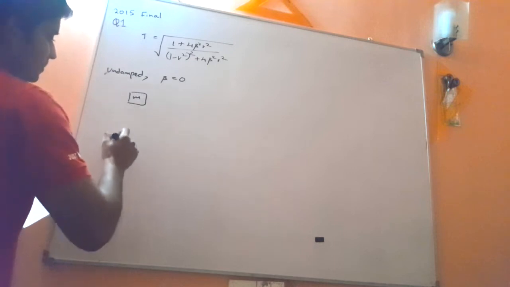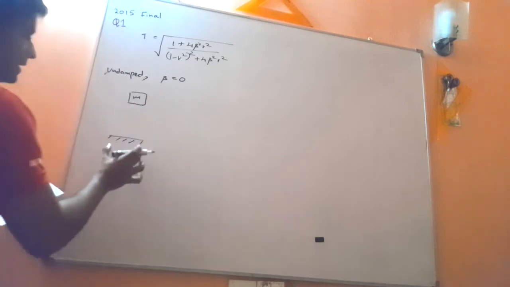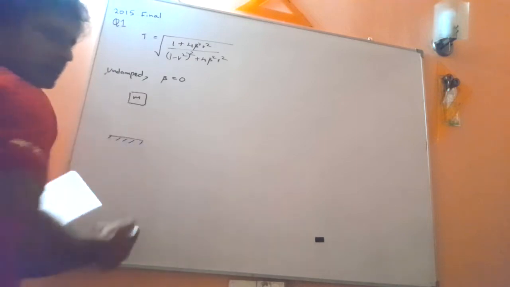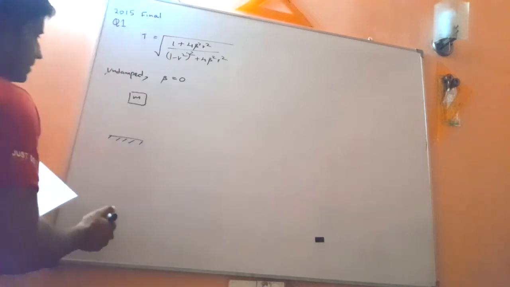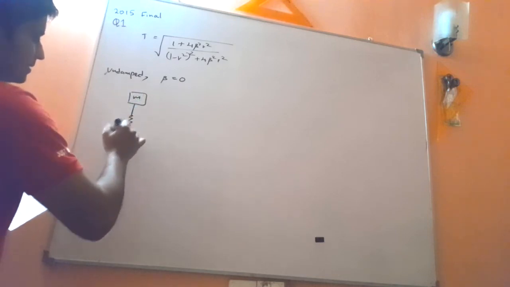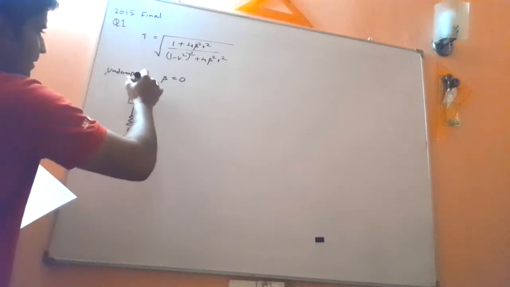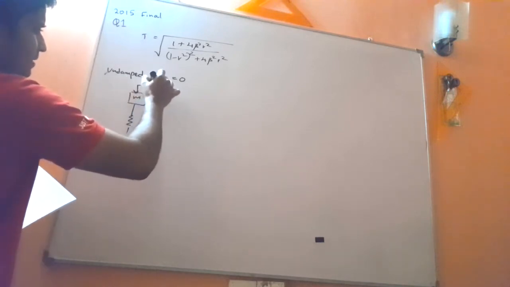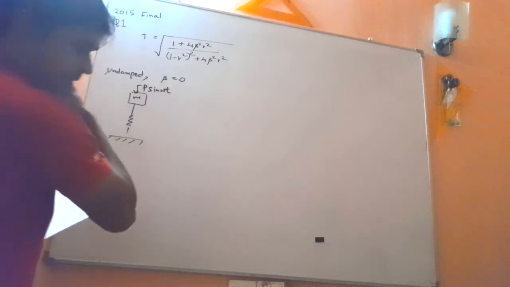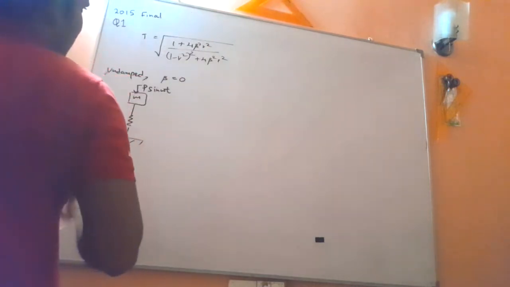This is the ground, and this mass is isolated from the ground by using the isolation system. Here we only have a spring, because it is undamped, no damper. The excitation force is there, P sin omega t. It doesn't matter, so we can directly use this formula.